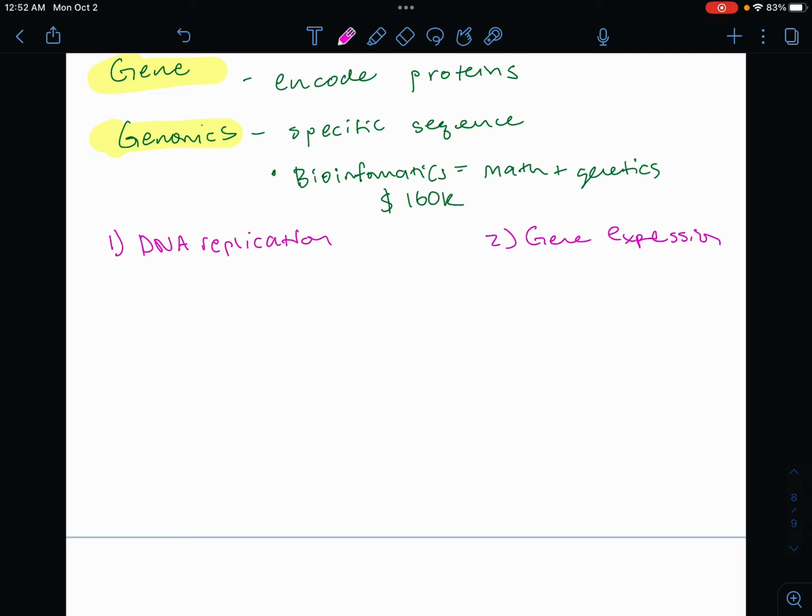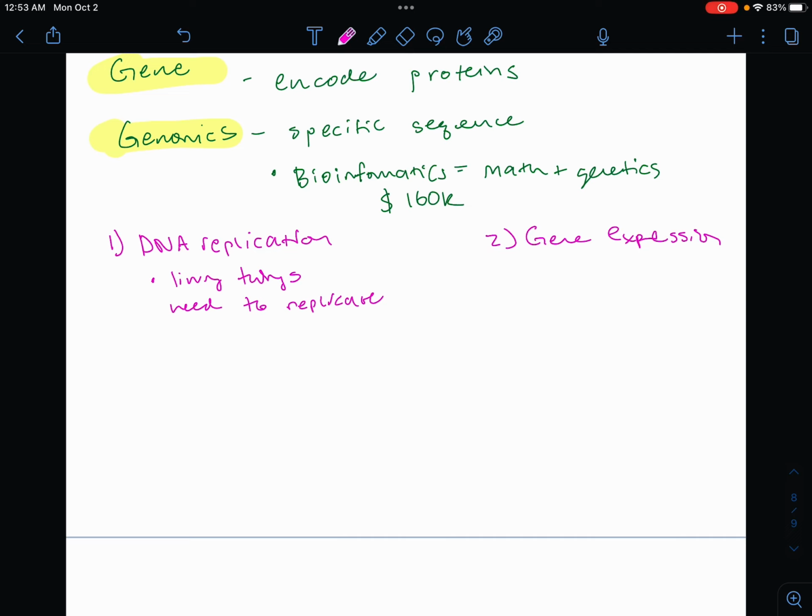So we first have DNA replication, and this is basically living things need to replicate. That's the main point here. This is going to be talking about passing that genetic information in the chromosome of the bacteria to the next generation.